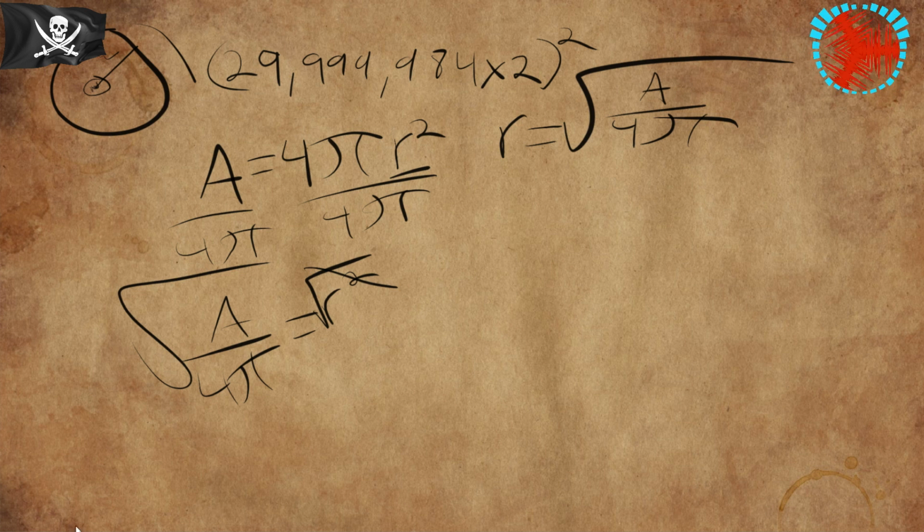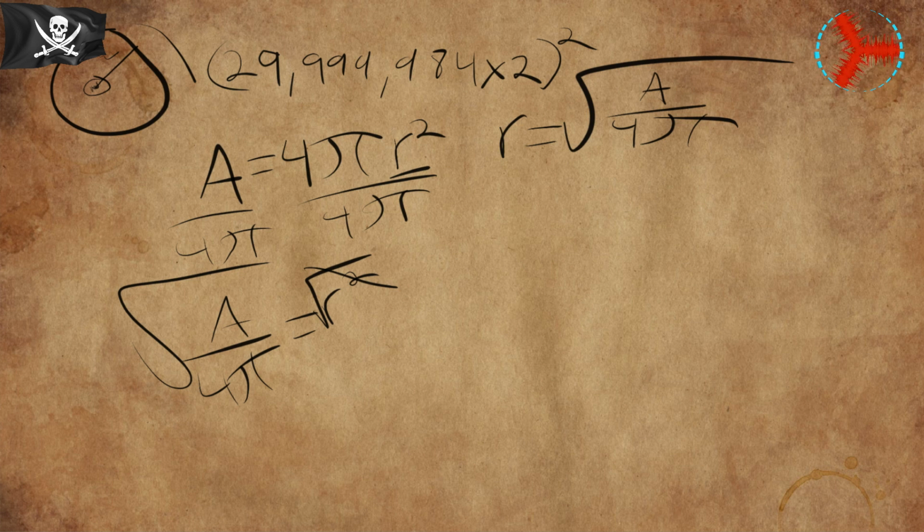We have the area, we know what pi is, so I'm going to hop over to my trusty old Wolfram Alpha, wolframalpha.com. Do 984 times 2, and then square that, which gives us a big number.